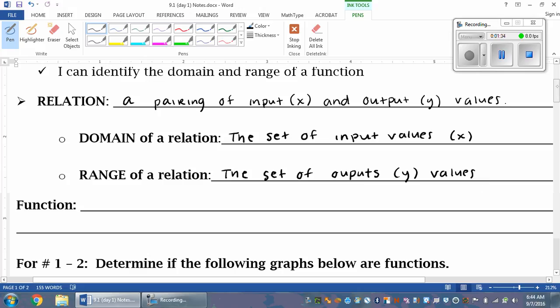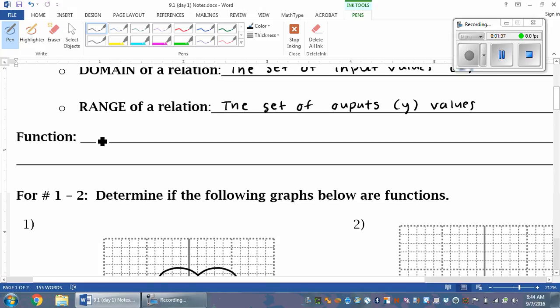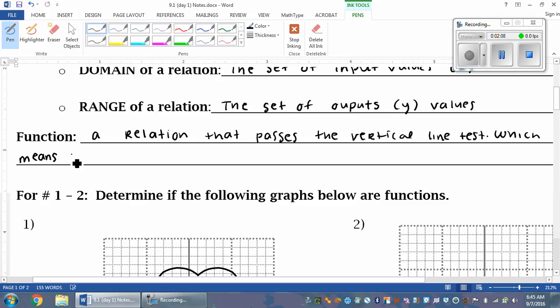Now, some relations can be functions. A function is a relation that passes the vertical line test, and I'll explain what the vertical line test is in just a second.